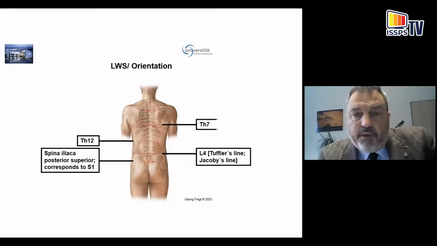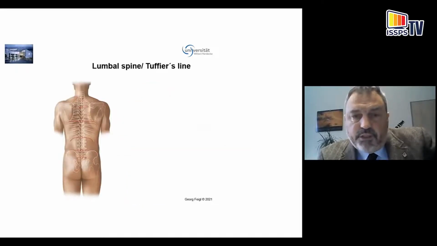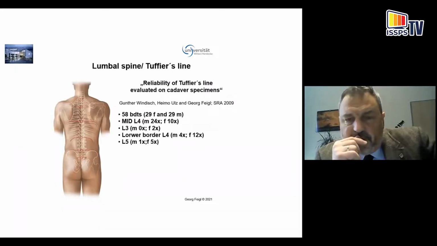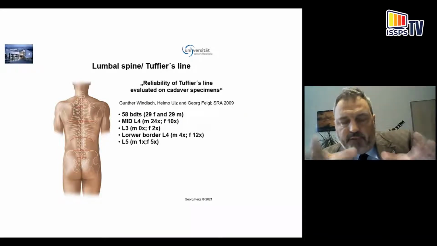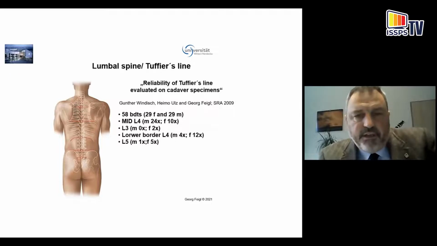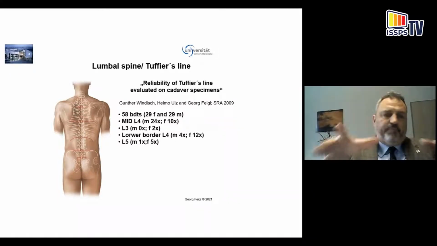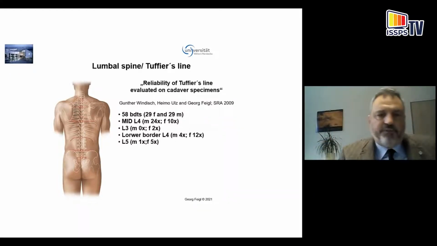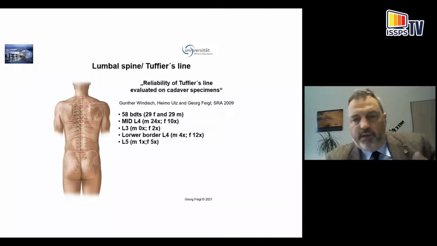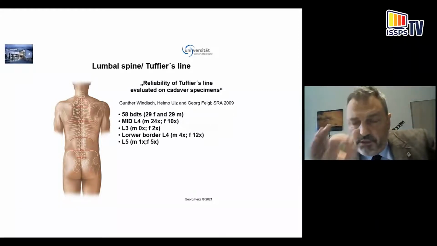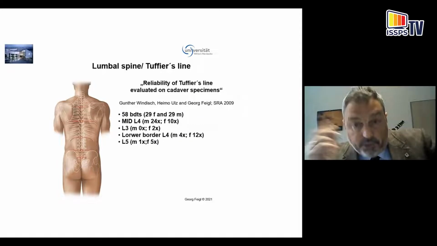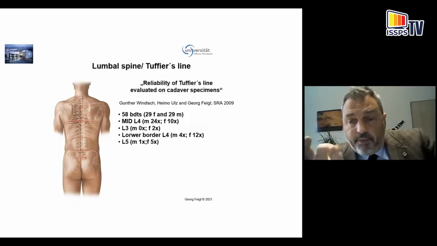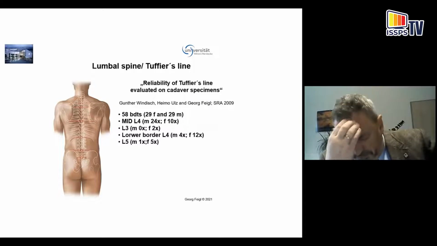Anyway, we did a short investigation about that in our dissection lab, where we had cadavers, bodies donated to science, and we took the most cranial part of the iliac crest and inserted a pin into the spinous process which we palpated.